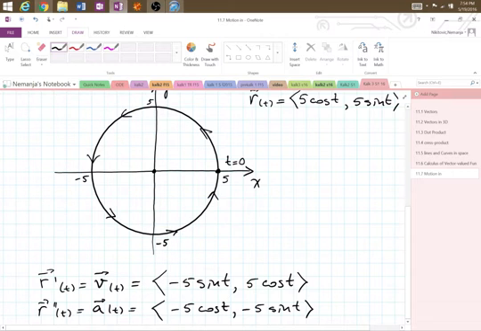I'm going to use three colors: black for position, red for velocity, and blue for acceleration.